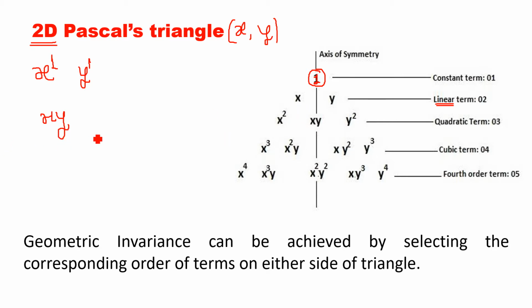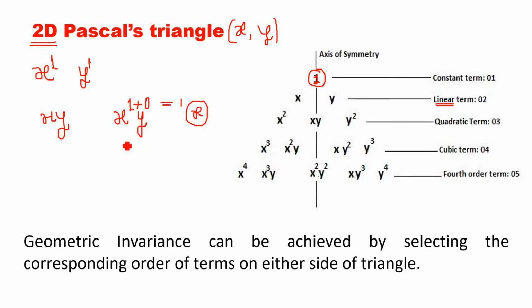So the first probable combination is, if you write down x raised to 1 into y raised to 0, so 1 plus 0, the sum of degree is equal to 1, right? Now x raised to 1 means x and y raised to 0, anything raised to 0 is equal to 1. So x raised to 1 and y raised to 0, the answer is equal to x.